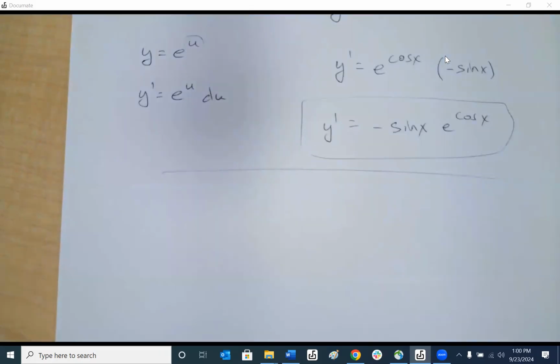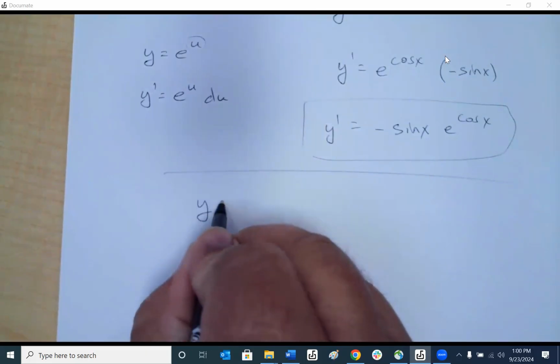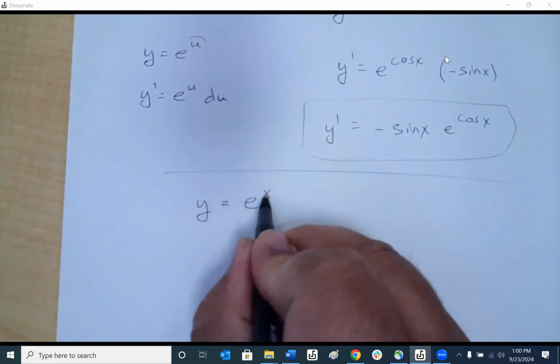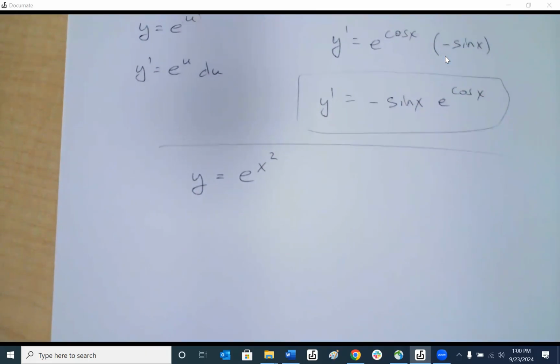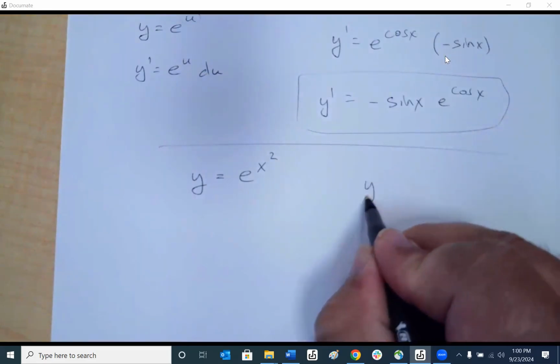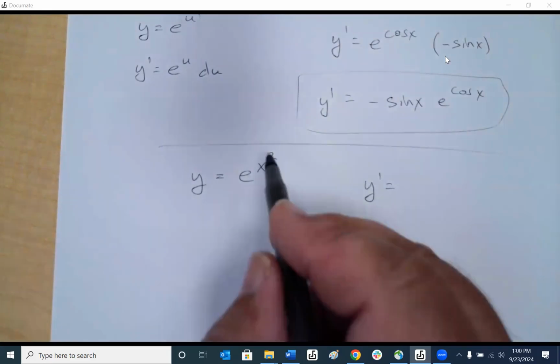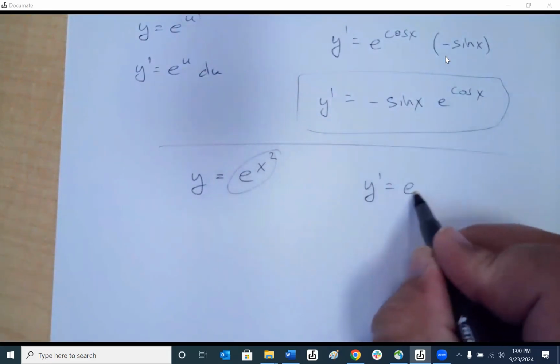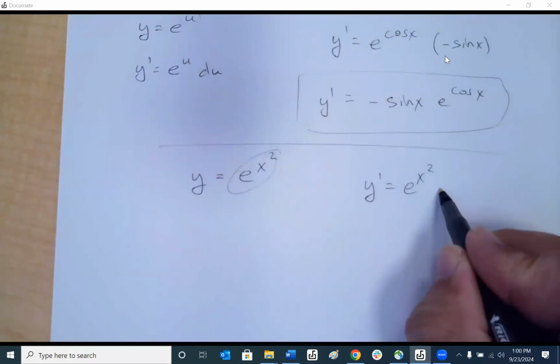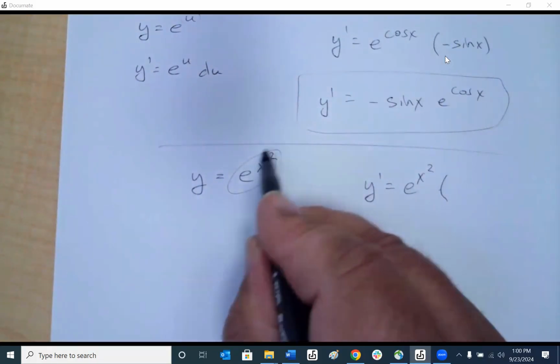Now, like the example in the sheet says, if y equals e to the x squared, the derivative would be, leave this alone, times, what's the derivative of the exponent?